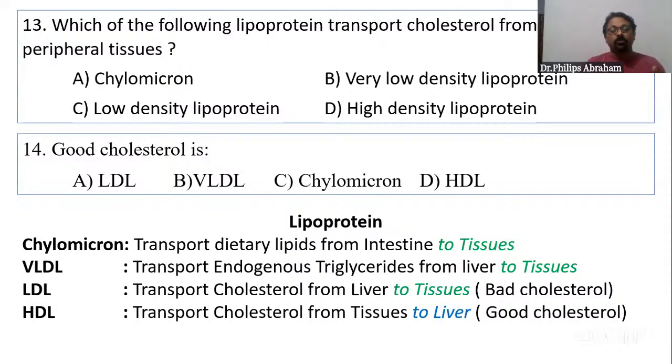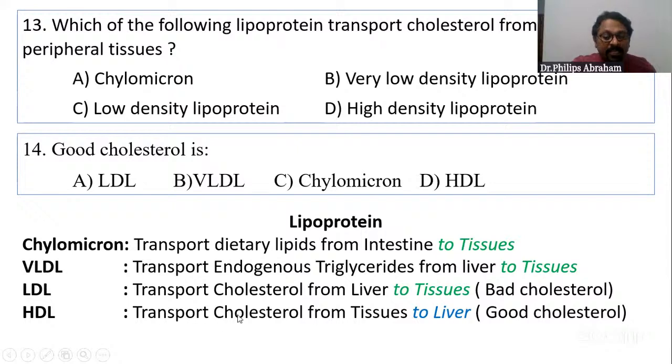So that's called a good cholesterol. Because of this property, HDL, since it transports cholesterol from tissues to liver, is called good cholesterol. And LDL is transporting cholesterol from liver to tissue, so it's causing accumulation of cholesterol, so it's called bad cholesterol. This you should know.